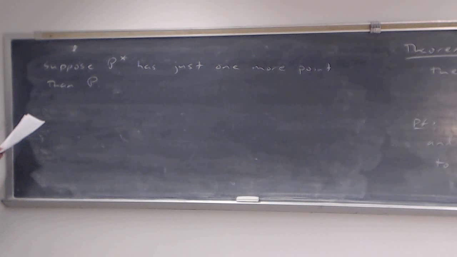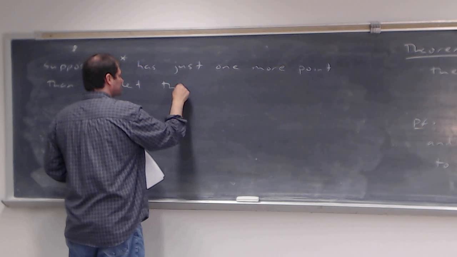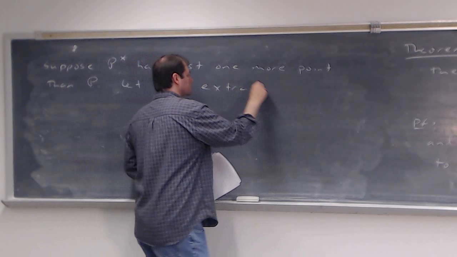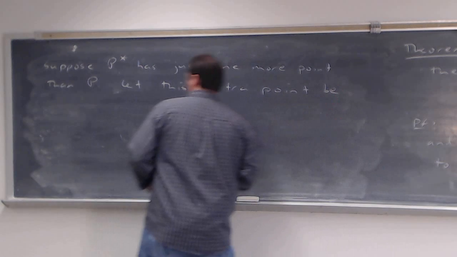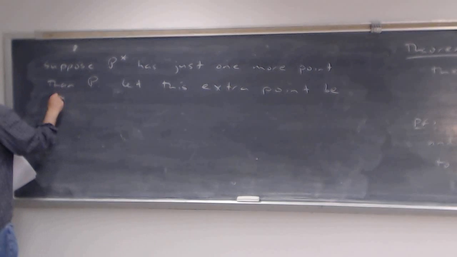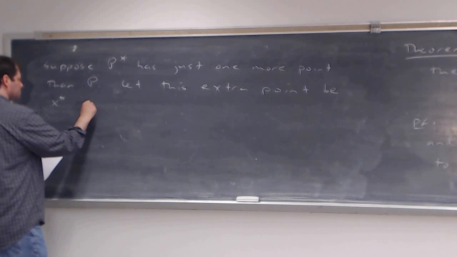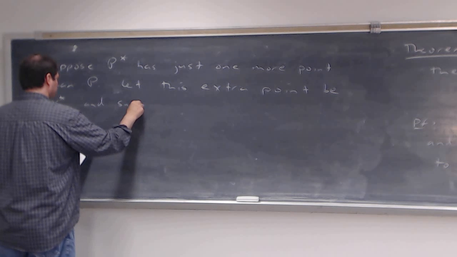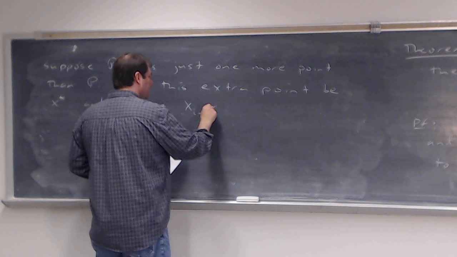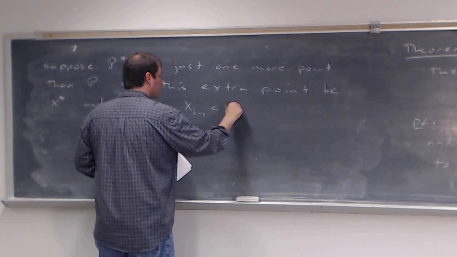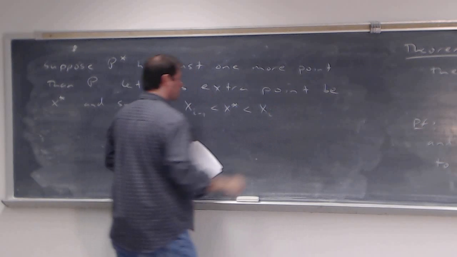Okay. Let this extra point be denoted X star. Okay. And suppose we have X sub i minus 1 is less than X star, which is less than X sub i.